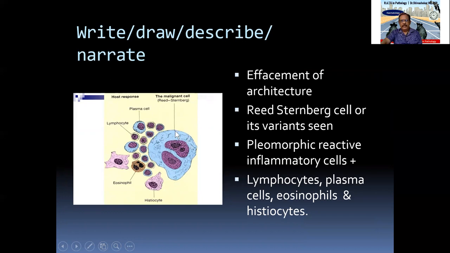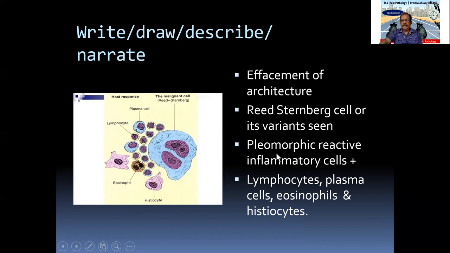So this is a Reed-Sternberg cell and these are the reactive cells that can be there. There can be the histiocytes, the neutrophils, the lymphocytes, some plasma cells, all can be seen. The architecture, as I had mentioned earlier, is totally lost. Reed-Sternberg cells or the variants of the Reed-Sternberg cells are seen. What are the variants? We shall be seeing.